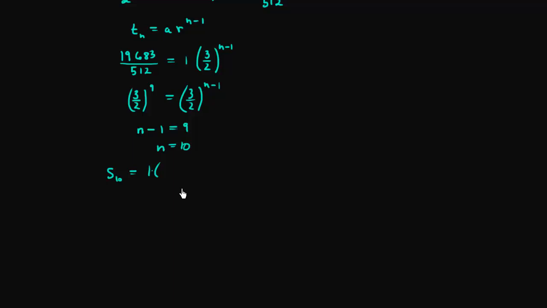So 1 times, and since I'm multiplying something by 1, the convention is not to write the 1 there. So I just have 1 minus r, and r is 3/2, to the power of 10, all divided by 1 minus 3/2.